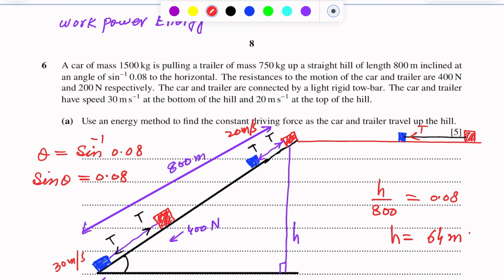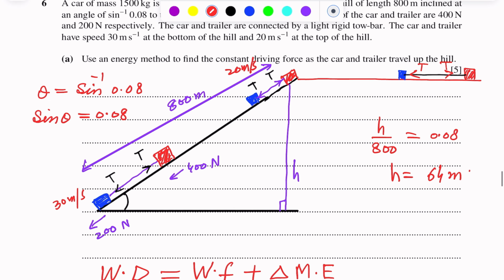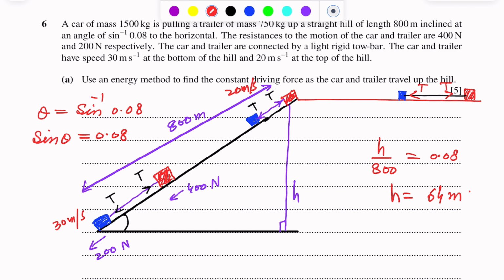Tension: both tensions are in opposite direction. Now we have to find the tension and the acceleration. Resistance is the same. On the trailer resistance is 200 Newton. On the car resistance is 400 Newton, acting in the opposite direction of the movement.